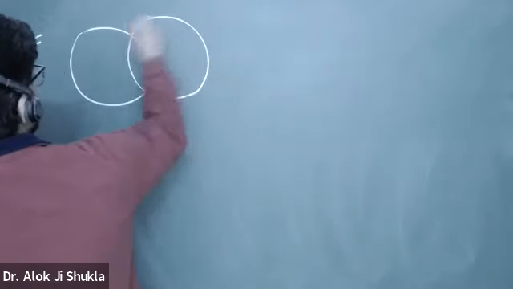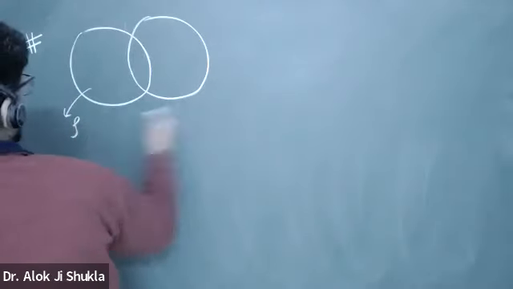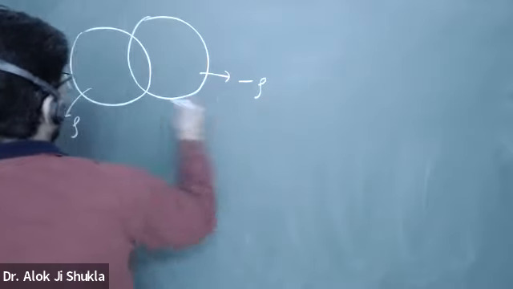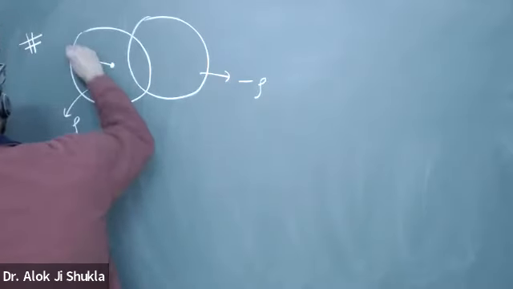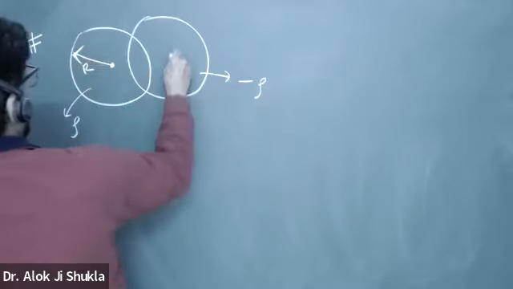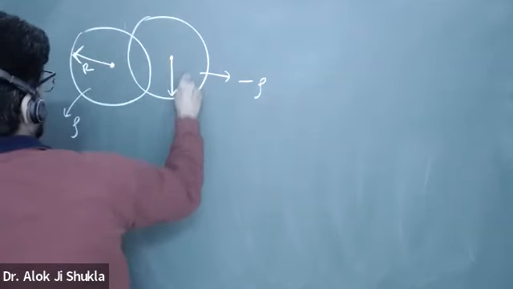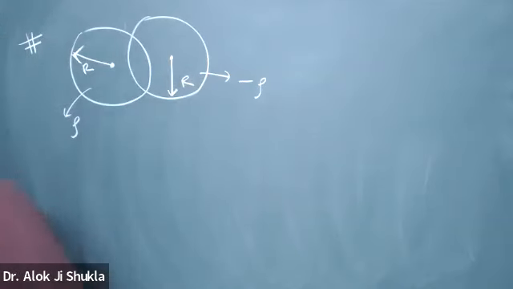Two spheres, each of radius capital R, so these are two spheres. This is having charge density rho and this is having minus rho, and they both are of radius capital R. Okay.